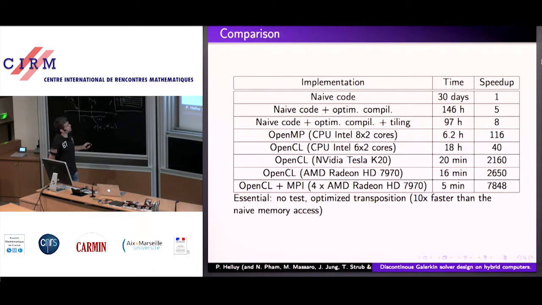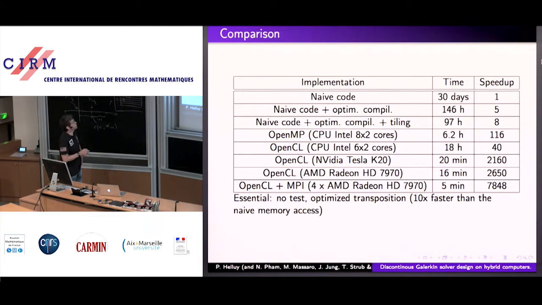Then this is with another GPU, just to show that we indeed are able to run the same program with GPUs of different brands. And if you add the MPI parallelism, here is what you get. It's a very high speedup compared to the initial code.